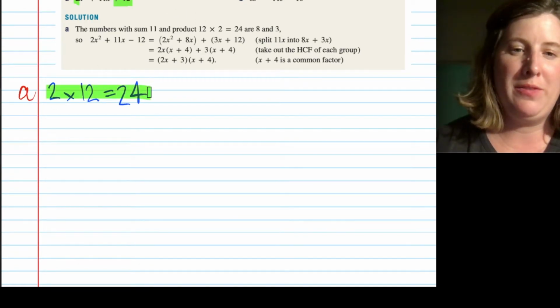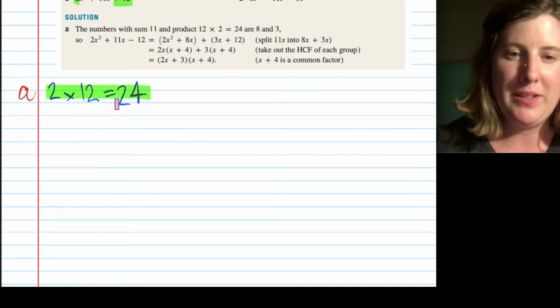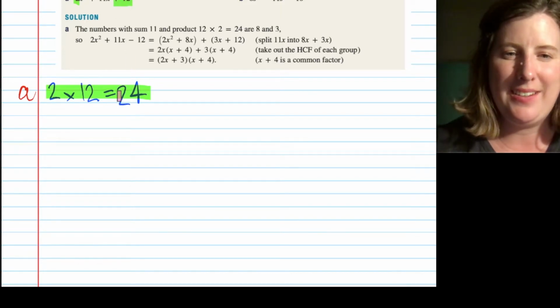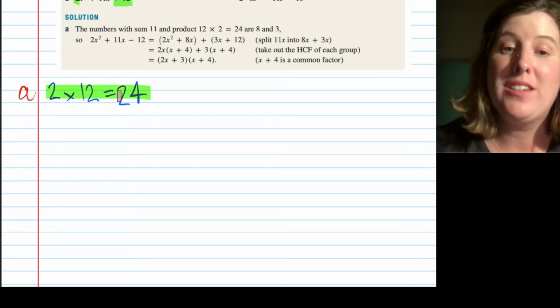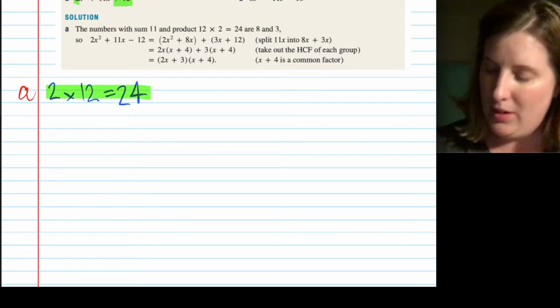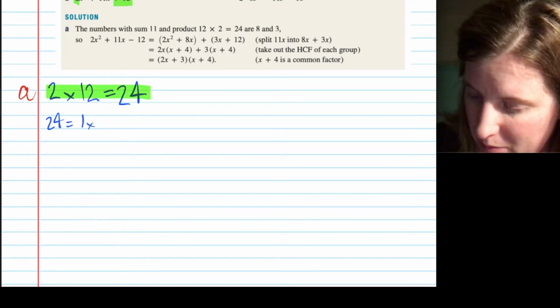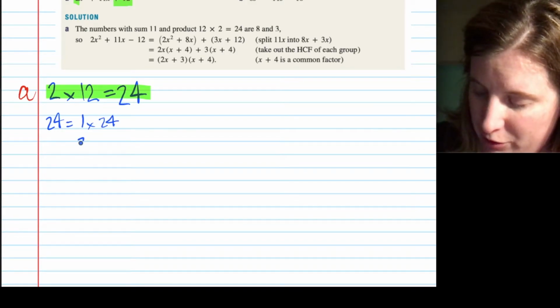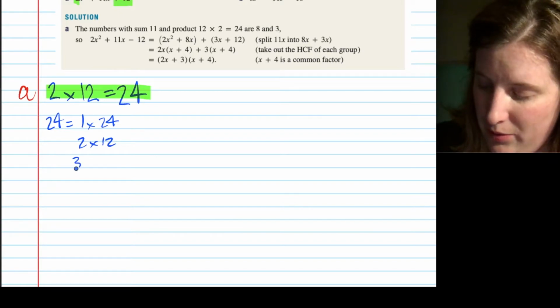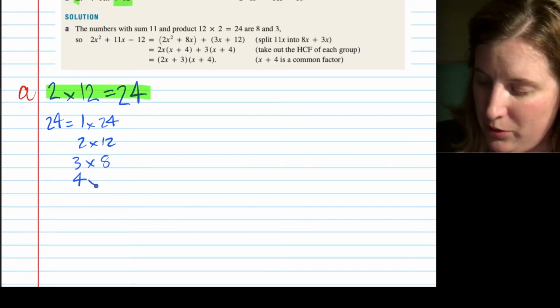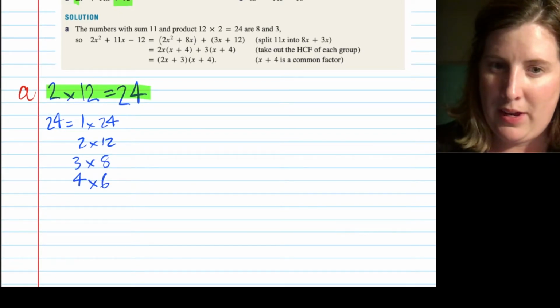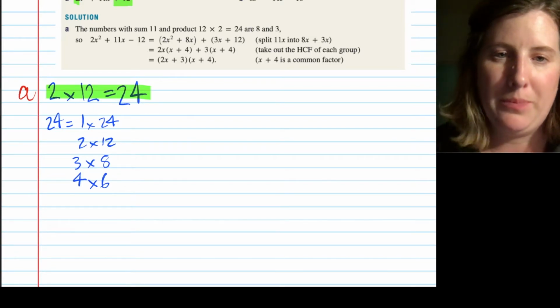And then I've got to think of what multiplies to, what adds to the factors of 24. So I've got 24 is 1 times 24, or 2 times 12, 3 times 8, 4 times 6, 5 times 5. Okay, that's pretty much it.